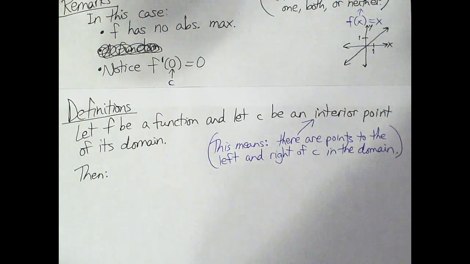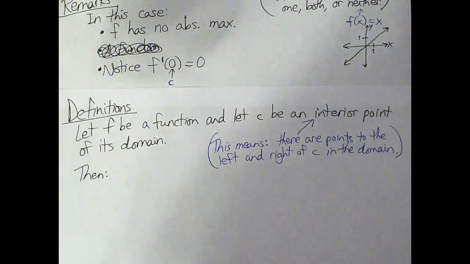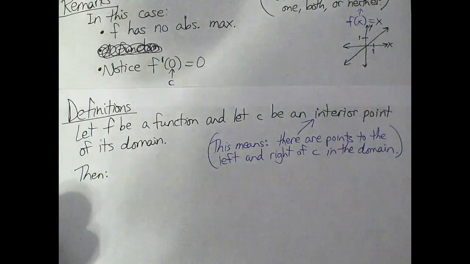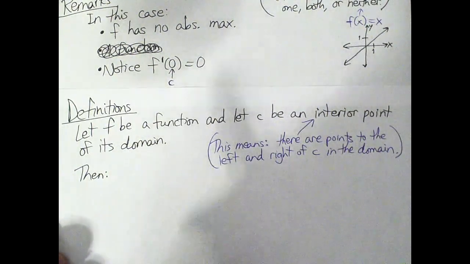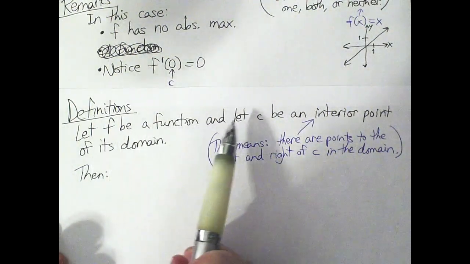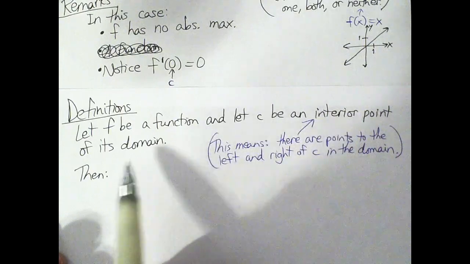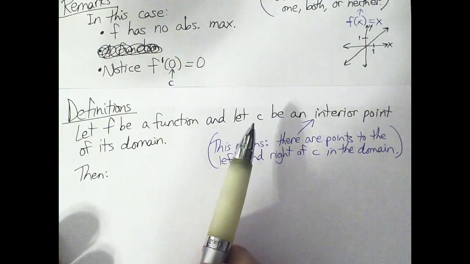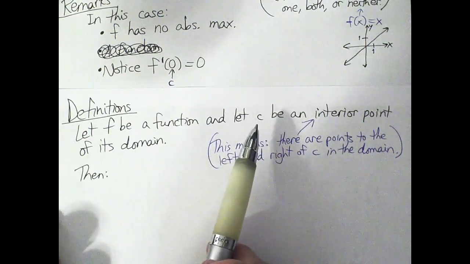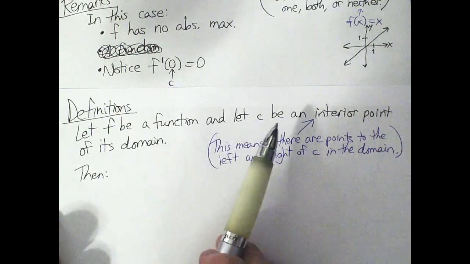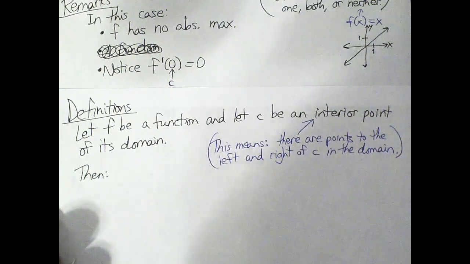And when we start doing that, the endpoints of the domain, the endpoints of those intervals, are not considered to be interior points. We'll talk about those as they come up. But for right now, let f be a function, let c be an interior point of its domain. That's going to be almost anything in the domain. We're just kind of excluding the endpoints.